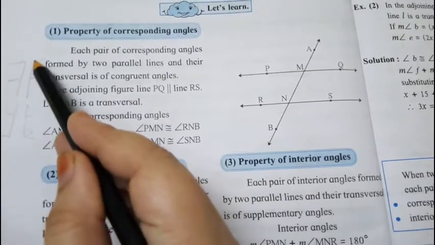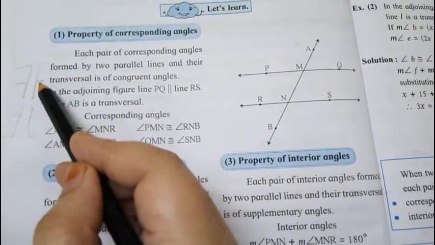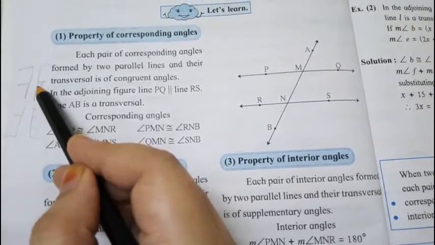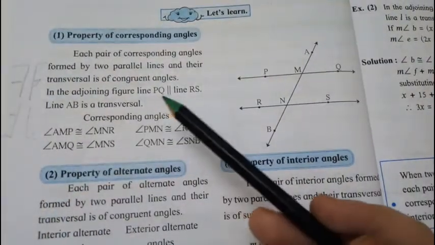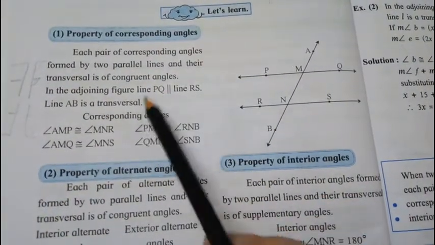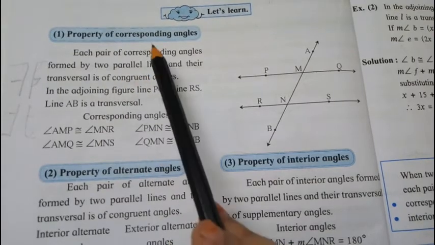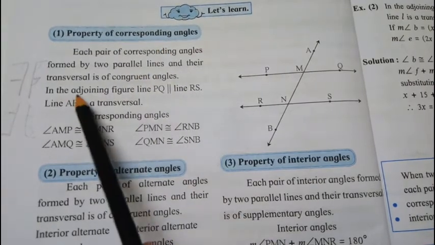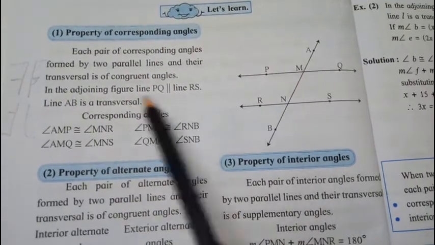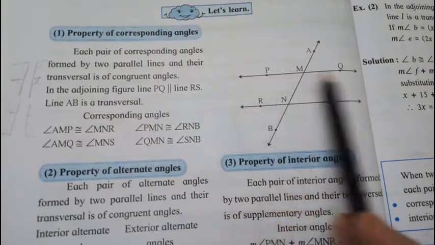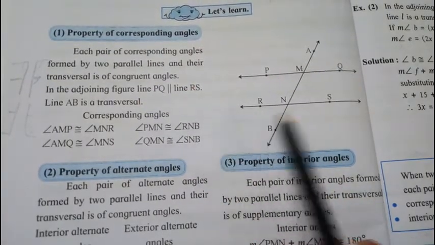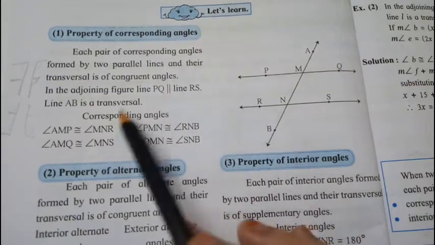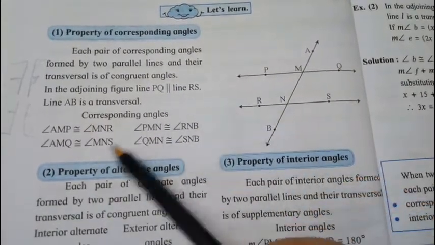Remember this shape to clearly identify the corresponding angles. So corresponding angles are congruent angles. In the adjoining figure, line PQ is parallel to line RS. These two are parallel lines and line AB is the transversal.